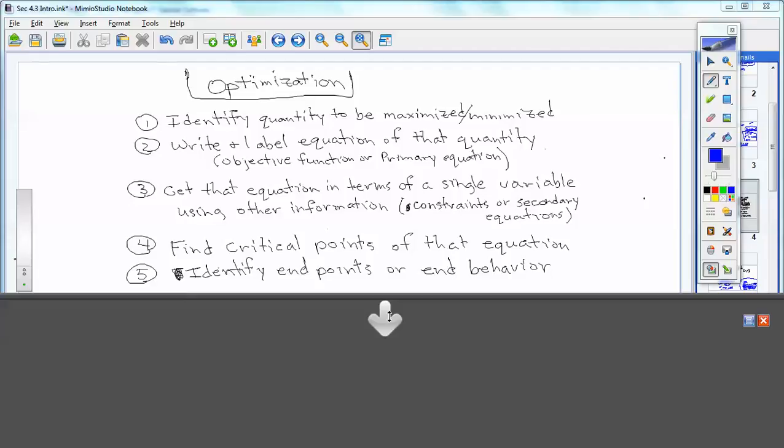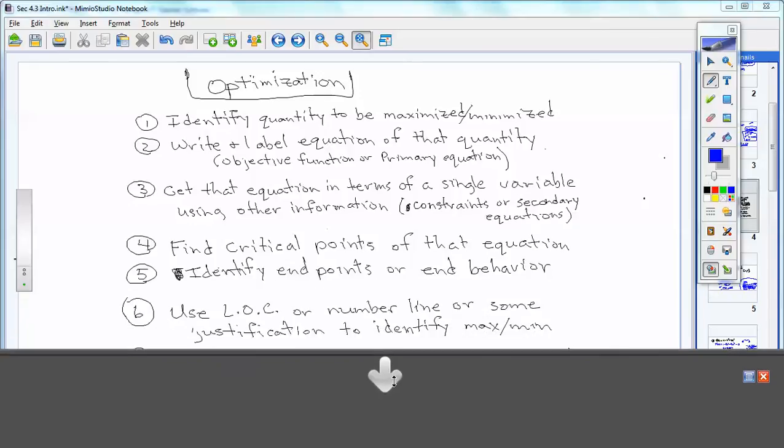That's a little new, a little different than the basic math problem, because that just gives it to you. Then use a list of candidates or a number line or some justification to identify the max and min. Most of the time it's going to be a list of candidates.